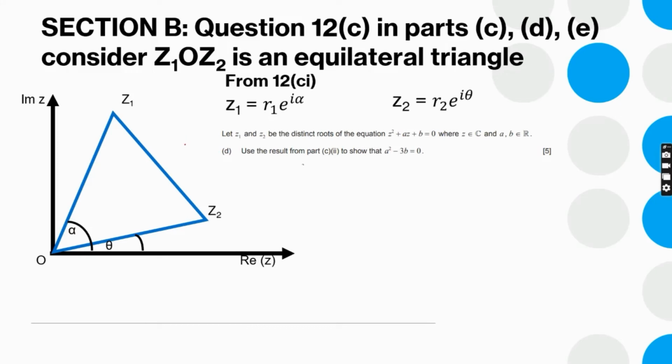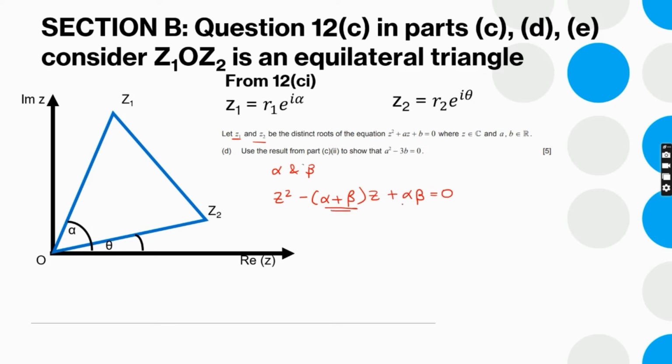In this question, you're supposed to use the result from C part 2 to show that a squared minus 3b equals 0. And you're given that z1 and z2 are distinct roots of the equation. If you recall, under the topic of sum and product of roots, for a quadratic function with roots alpha and beta, the quadratic expression will be z squared minus (alpha plus beta)z plus alpha beta equals 0.